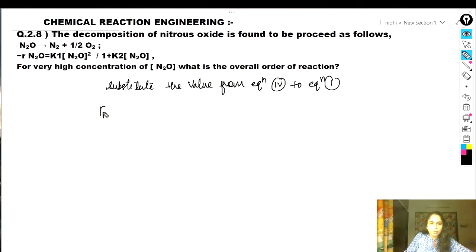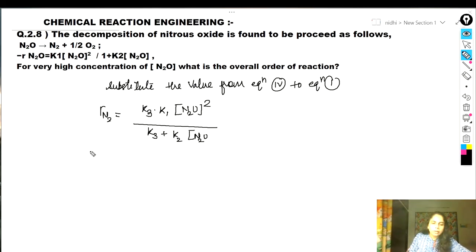So our formation of nitrogen is K3 into K1 N2O square upon K3 plus K2 N2O. Okay. So the equation which is given to us, this is our product. So rate of formation of nitrogen will be equal to the rate of disappearance of N2O.